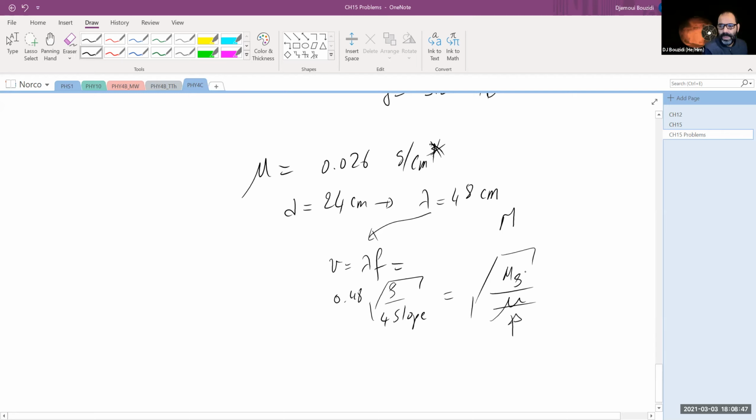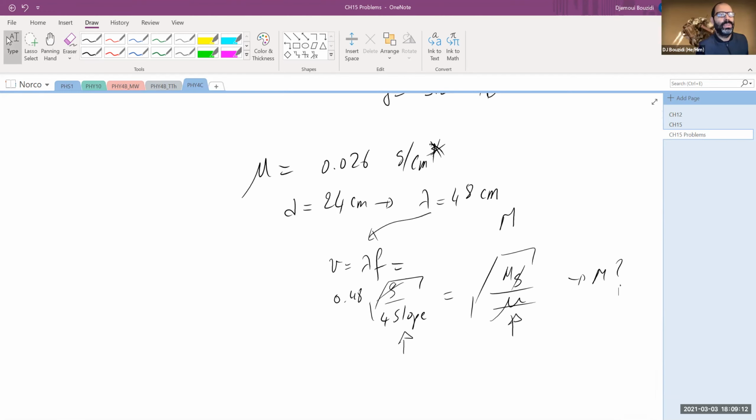You're given mu, g cancels the g, and you can use the slope or plug in the value of f and find m from this equation, okay? I know I did not do the actual numbers in here since I did not plot this one, but I'm counting on you guys to plot it, get the slope, and get the value of m and put that as your answer. Do these problems make sense to you guys?